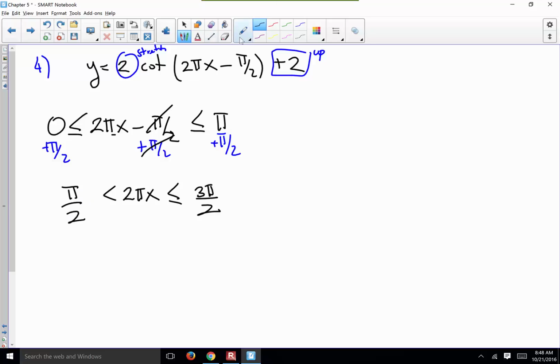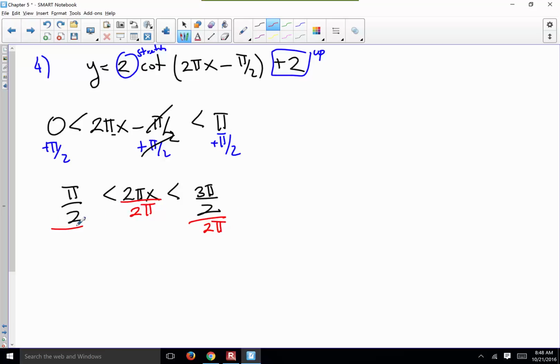This makes 3 pi/2. Set the common denominators, etc. By the way, I keep putting these equal signs here, but technically your axis can never hit those asymptote values because they are undefined. We shouldn't be using it, but there is no real harm. And then I will divide both sides by 2 pi.